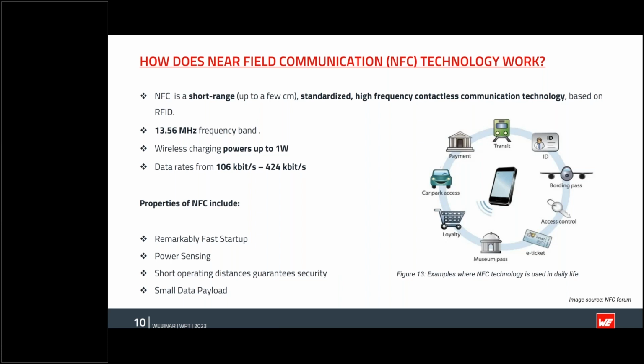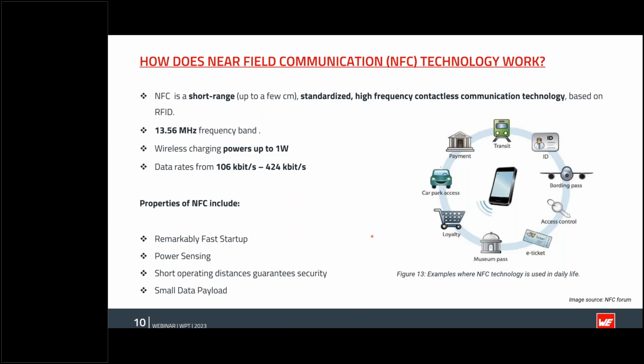The properties of NFC include very fast startup and power sensing. When you're using your phone to make a payment, it usually happens very quickly. You just tap your phone onto the card reader or the payment device, and the transaction is already completed. This is the remarkably fast startup operation.